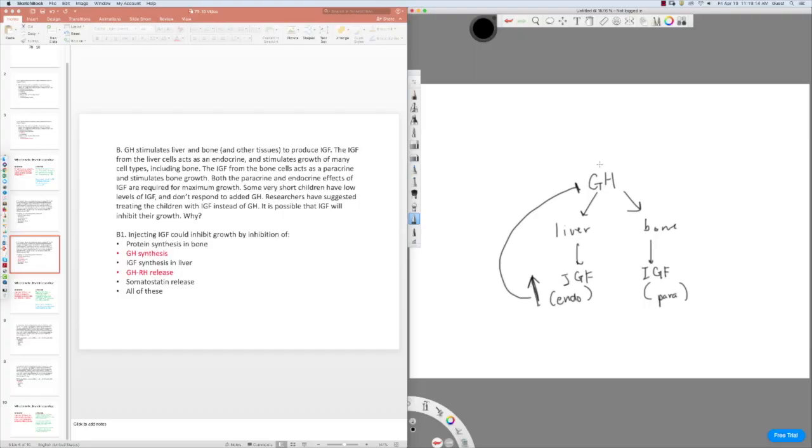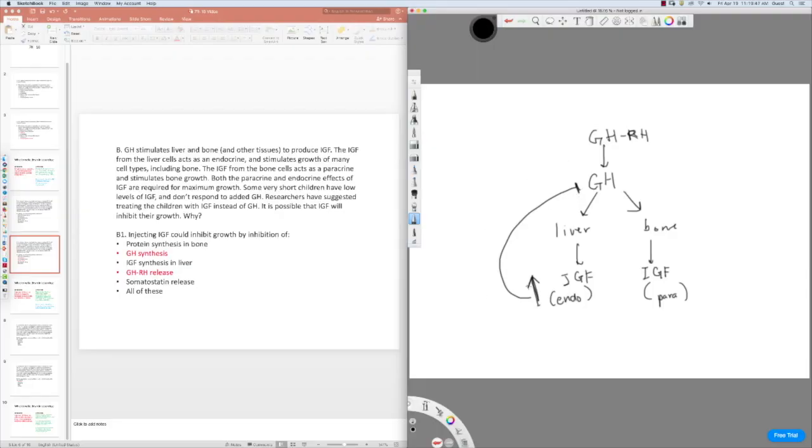Remember, most of these final effector hormones like growth hormone and IGF usually are produced when their respective glands, for example GH being produced from the anterior pituitary, are activated by tropic hormones, right? In the case of GH, the tropic hormone would be GHRH, which is released from the hypothalamus towards the anterior pituitary.